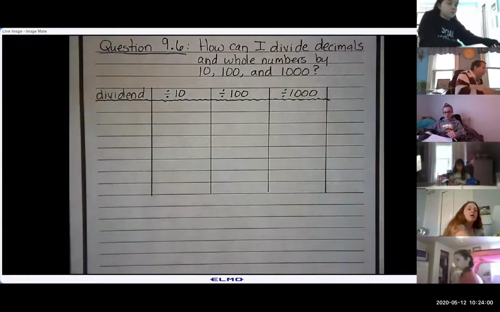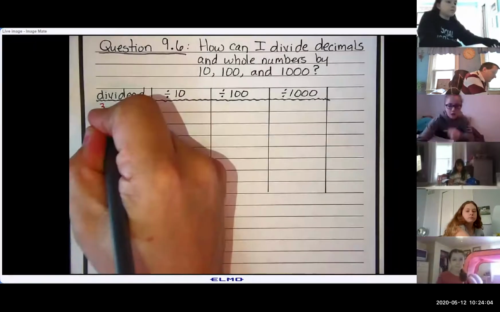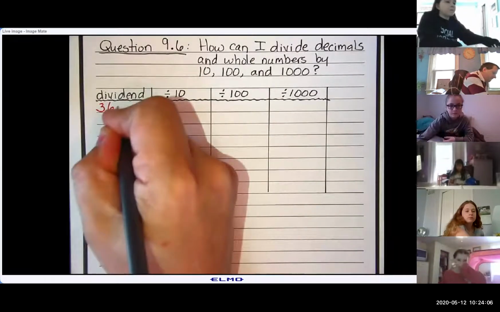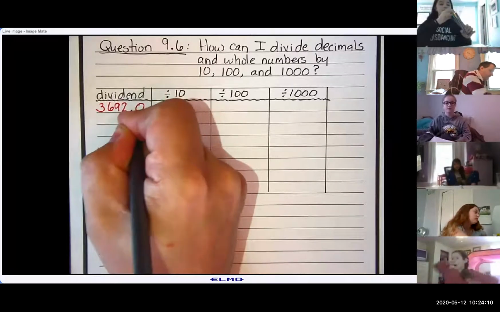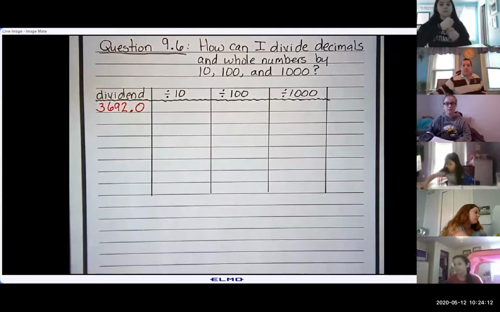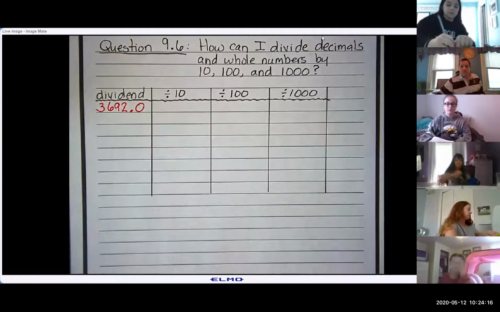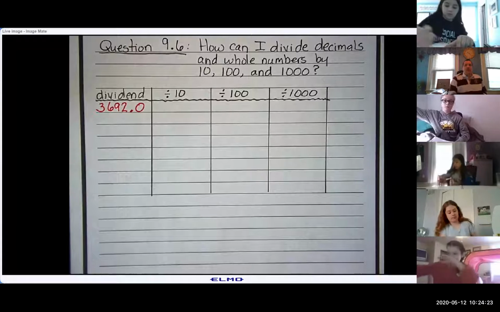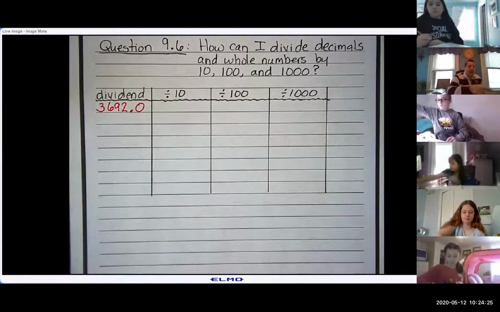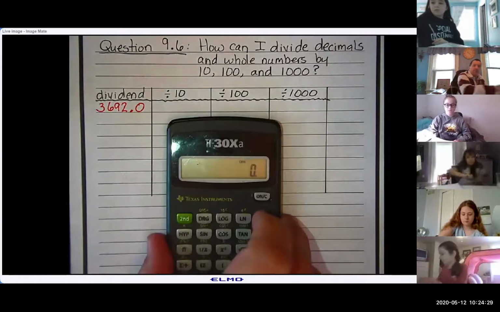I'm going to start with an easy one. If I were going to divide 3,692 by 10, for the first few, I'm going to use Mr. Calculator.